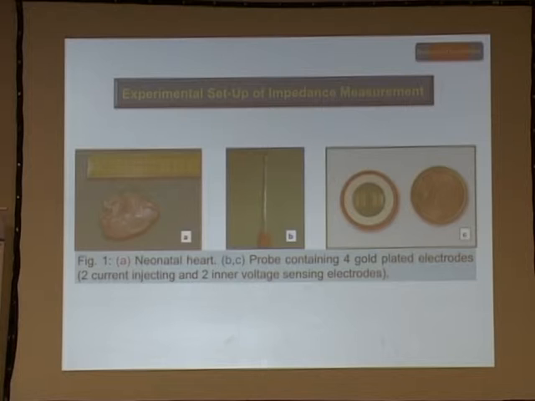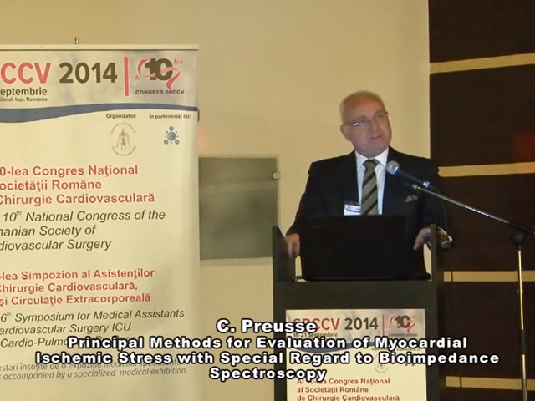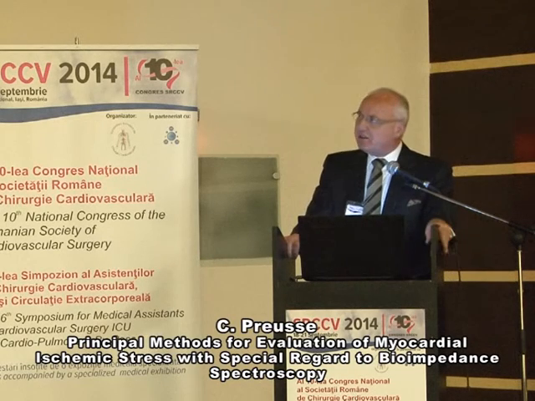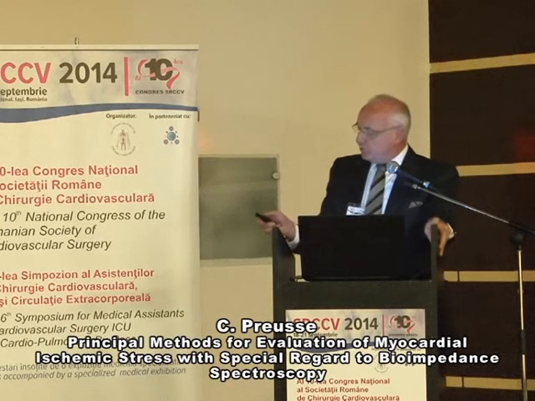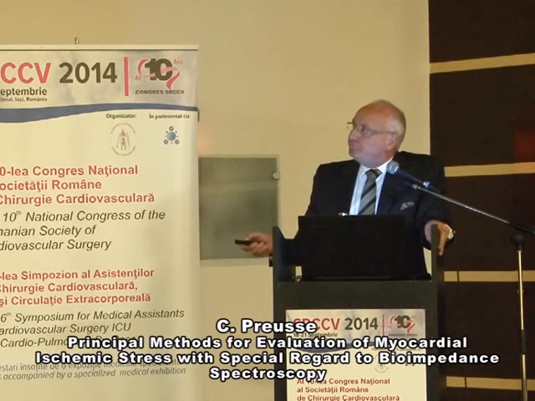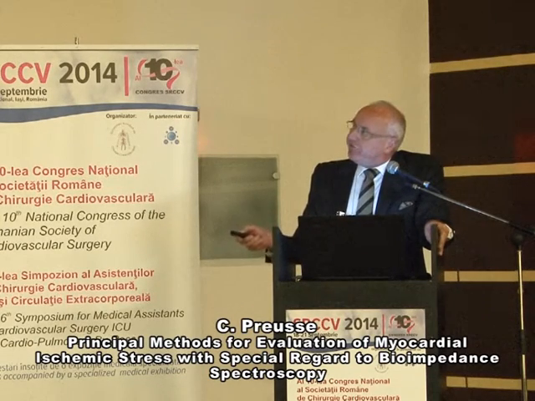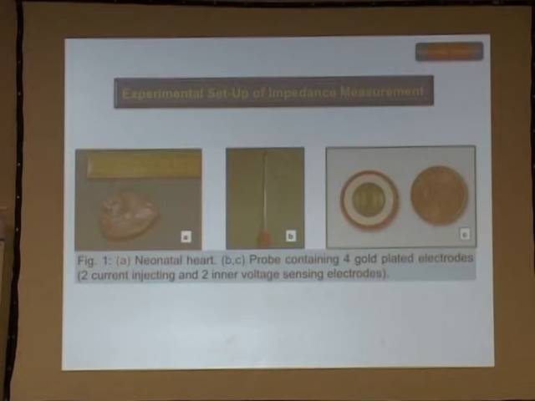You see this small heart on the left. Then you see the probe, which is placed on the epicardial side in the middle, and you see the 4 electrodes mentioned before. And the 5-cent coin is in Romania equivalent to the 10-ban coin. This is almost the same. You see, very, very small.